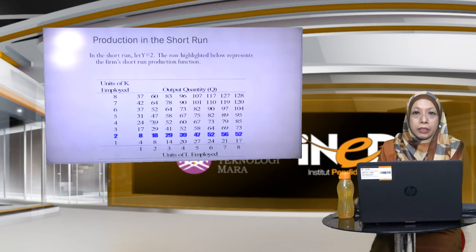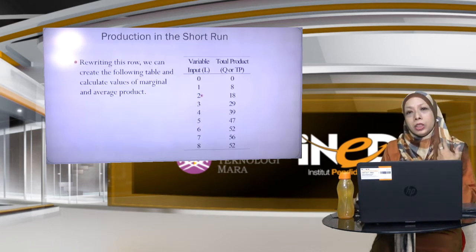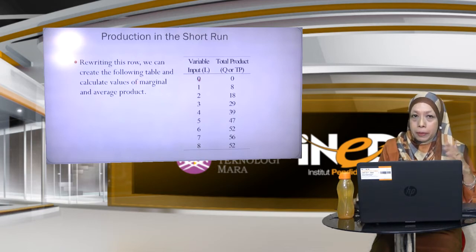So let us convert this information and put it in a table form. Because we cannot do much on capital, we are going to assume that capital is fixed at 2 units, but labor you can vary.